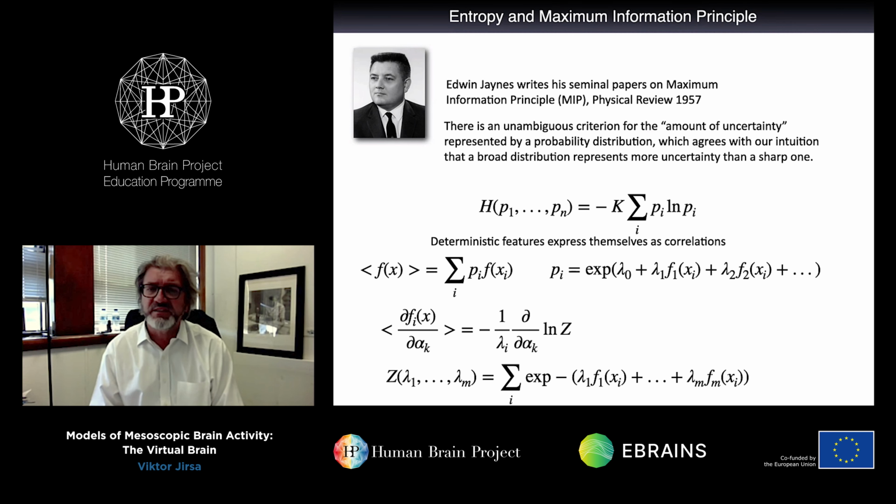And in fact, I cited this from one of his papers. There is an unambiguous criterion for the amount of uncertainty that actually beautifully agrees with our intuition that a broad distribution represents more uncertainty than a sharp one. We then refer to this as a probability distribution.